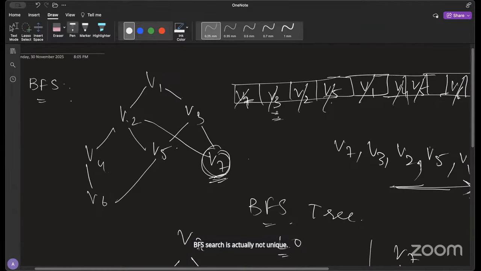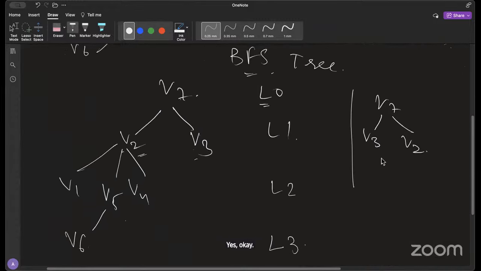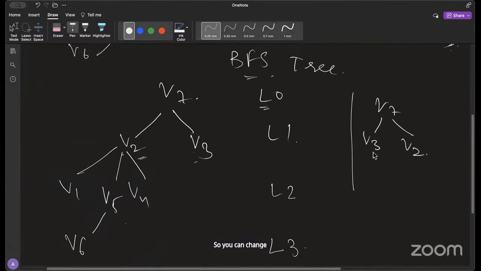Like we did V3 first here, and then V2 later, but we could have used V2 first, and V3 here. The order that you're going to get is not going to be unique. So you can change this thing here. If you do this here, then you'll have V5 under this.